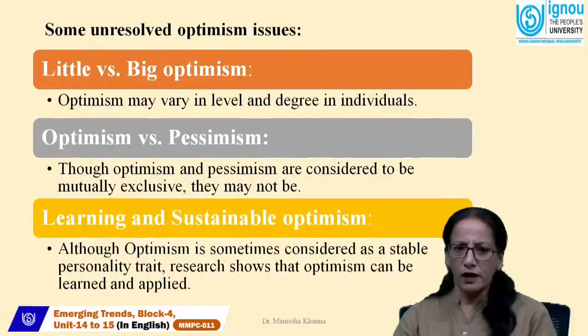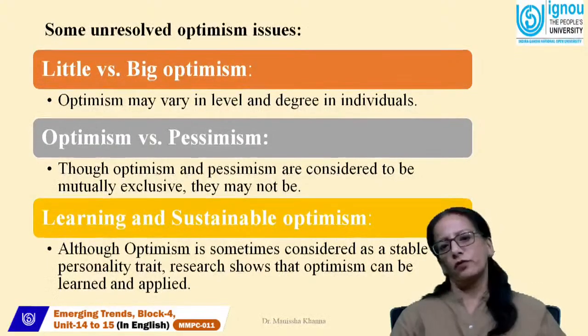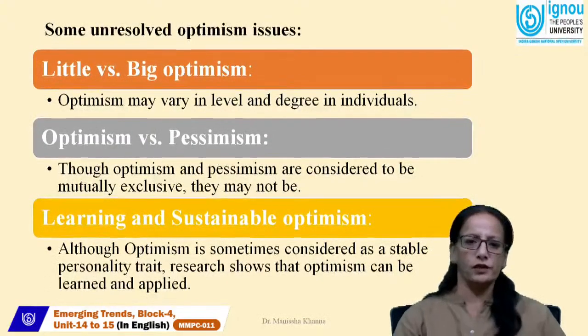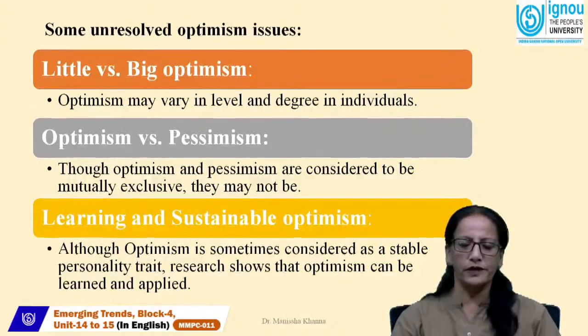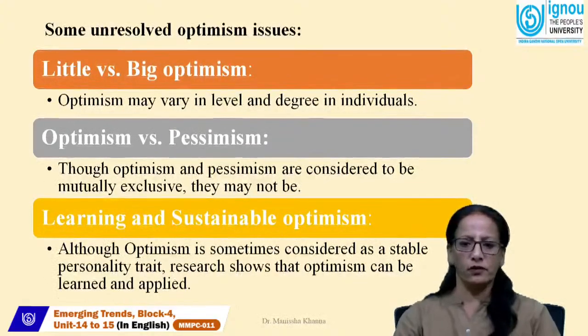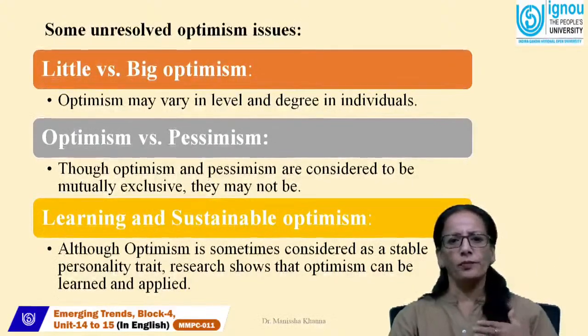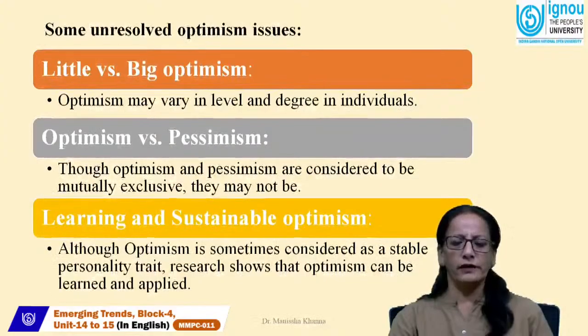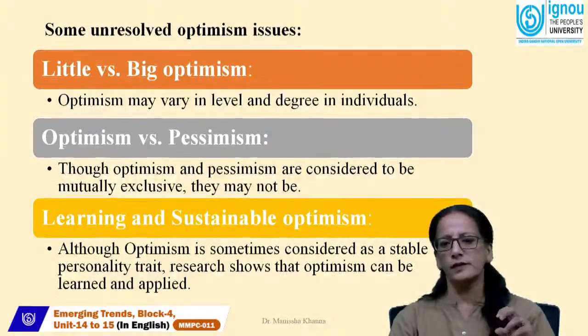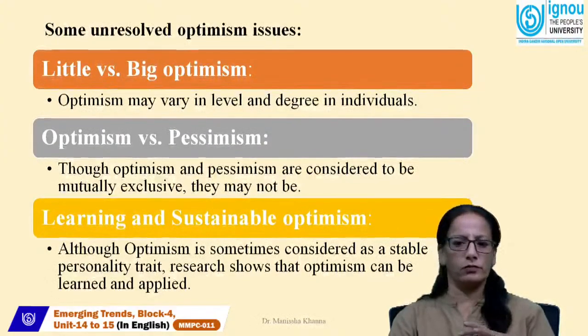But there are some unresolved optimism issues, which are seen even at the workplace. There can be a little optimism, or it can be a big optimism. Optimism may vary in level and degree in individuals. It is seen that some people cannot handle failures.